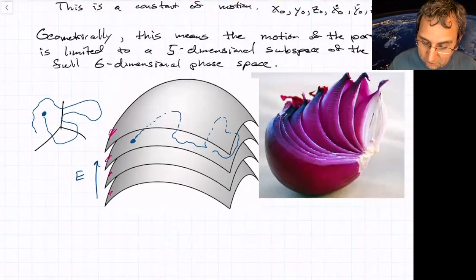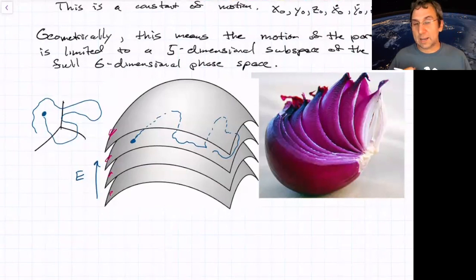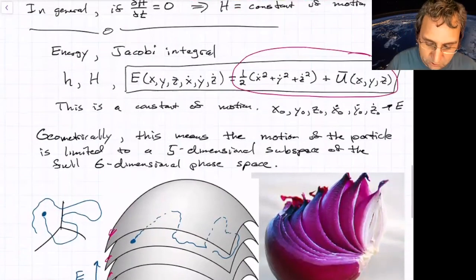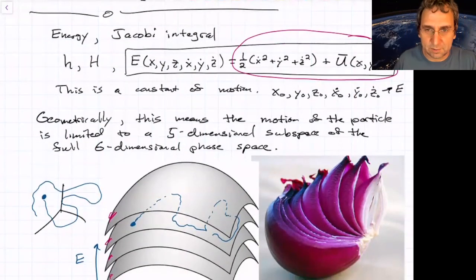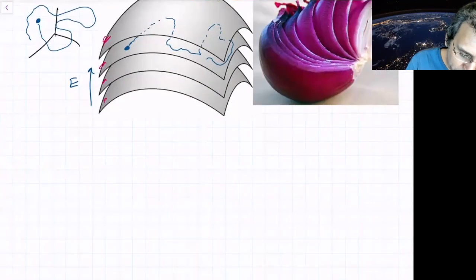Before I go to that, though, I do need to mention some terminology, because in the astrodynamics community and also the astronomical community, they don't often refer to this energy integral. They call it something else, the Jacobi integral. It's related just by a factor of -2. That's worth saying.